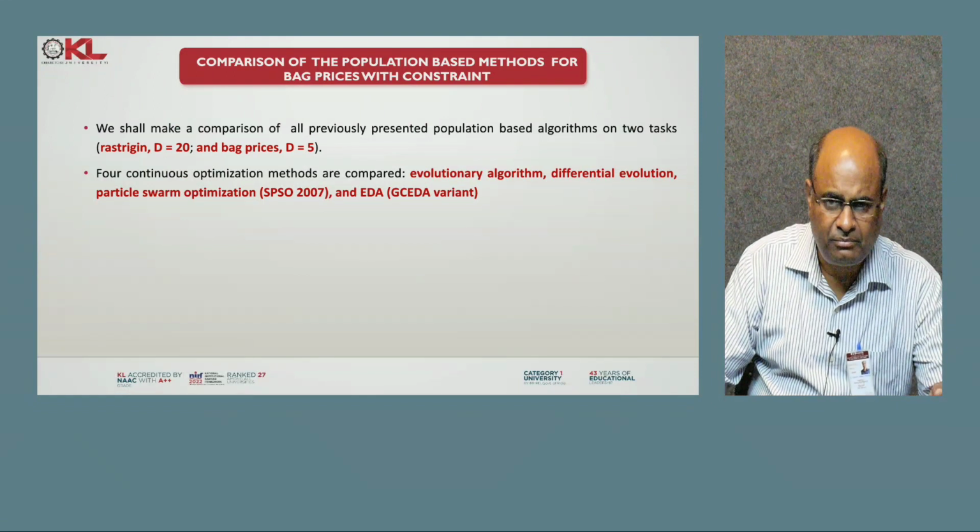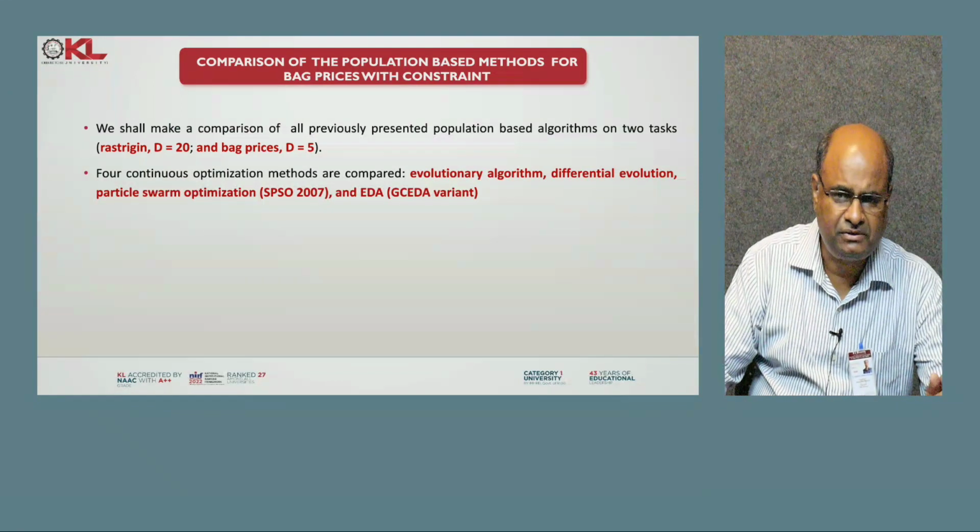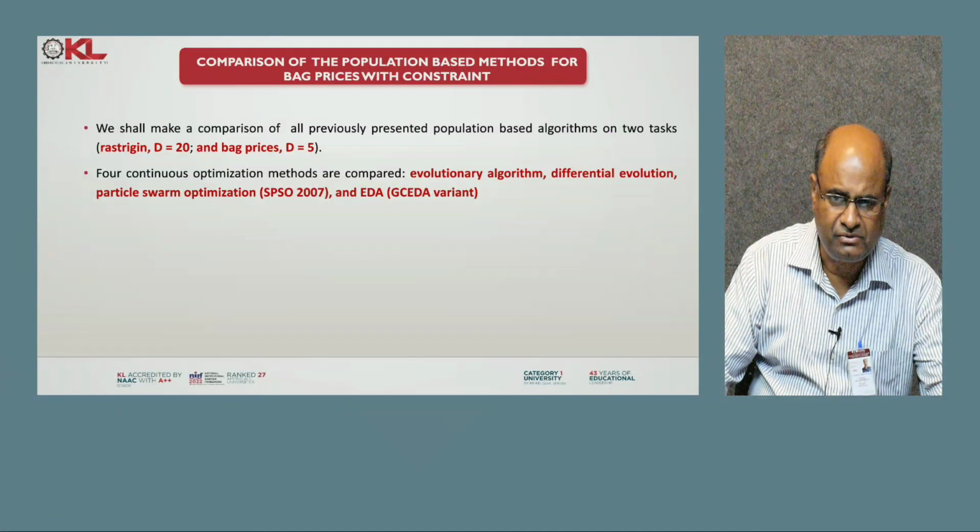Now, comparison of the population based methods for bag price with constant. Now we consider the bag price, which we already discussed in the previous topics. We shall make a comparison of all the previously presented population based algorithms on two tasks: the Rastrigin function optimization with D equal to 20, and bag price for D equal to 5.